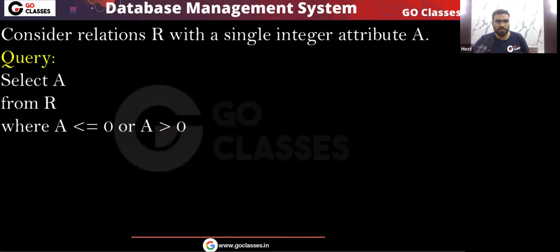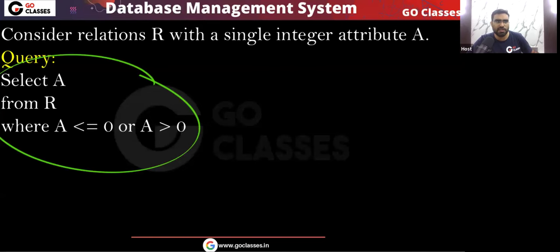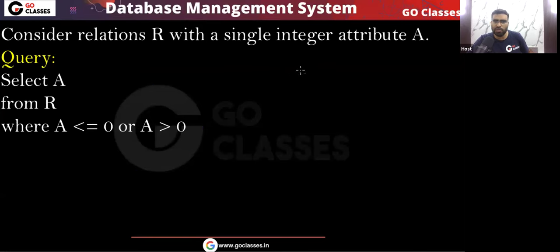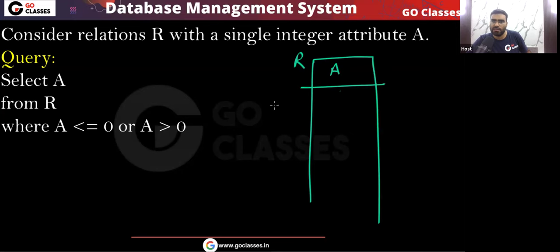Okay, let's see one example. Consider this query. Consider a relation R with a single integer attribute A, and this is the query. Now let me quickly give you the table. So you have this table R, and this is A. Now let's assume these are the values. Integer attribute, right?